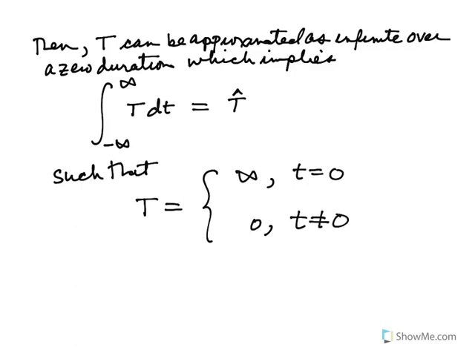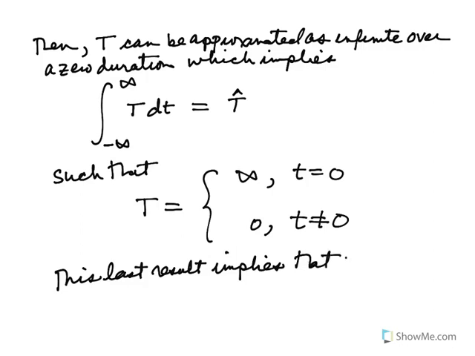So as a result of that, this last result implies that velocity can be changed instantaneously. And why is that?